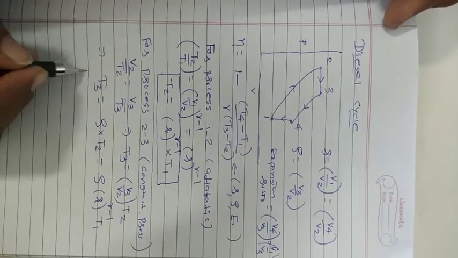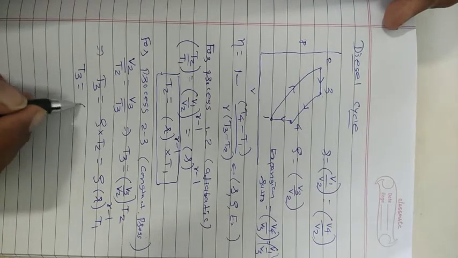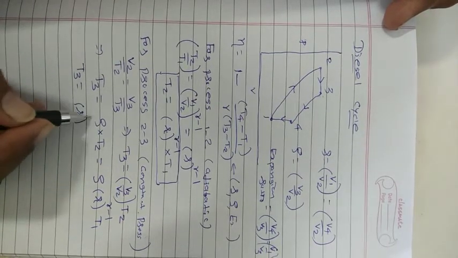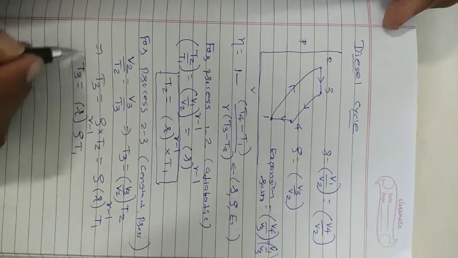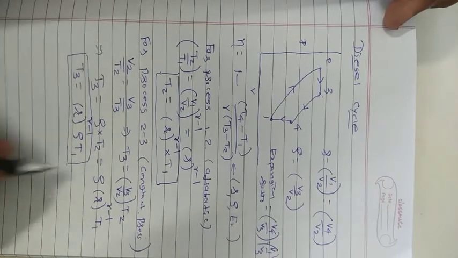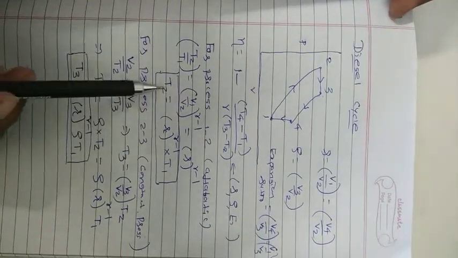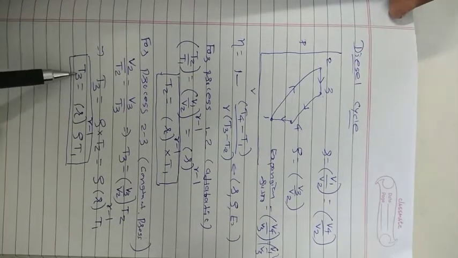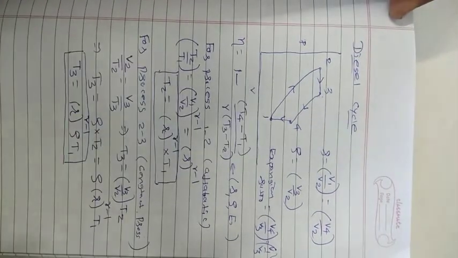So this is our other equation: T3 is R raised to gamma minus 1 rho T1. Clear? Now we have converted T2 in terms of T1, and T3 in terms of T1. Now it is the turn of T4.